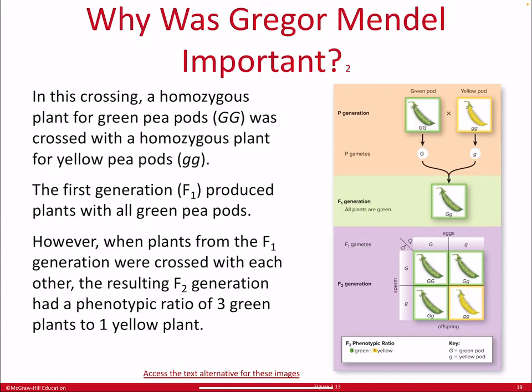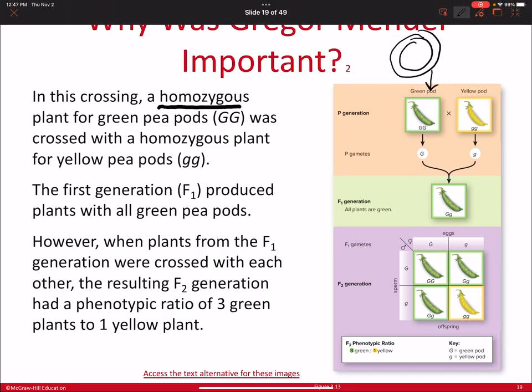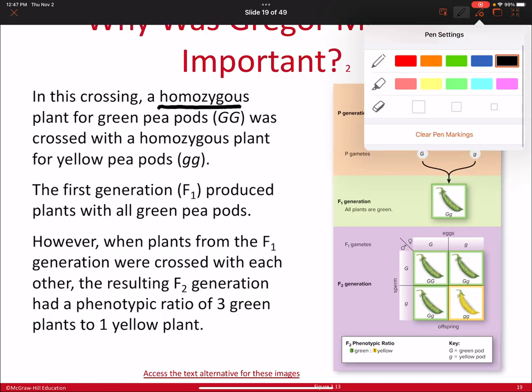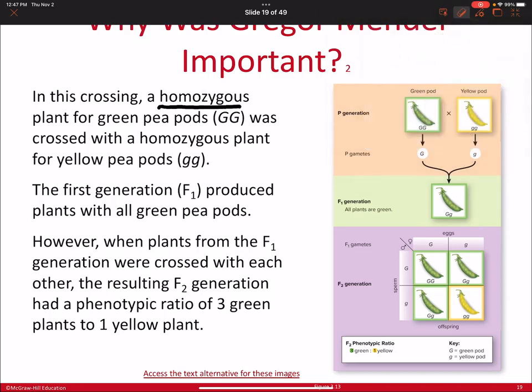In this crossing, what happened was he took a homozygous plant. All right, so what does homozygous mean? Well, homozygous means that this green potted pea plant here, if we looked at its chromosomes, so we looked inside. All right, I'm going to stop drawing the cell. I hope you guys don't mind. Just know that chromosomes exist inside of a cell.